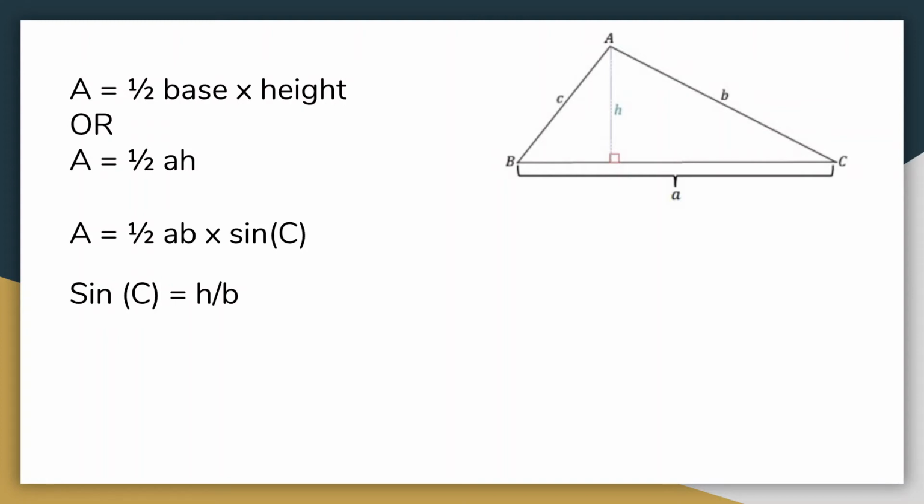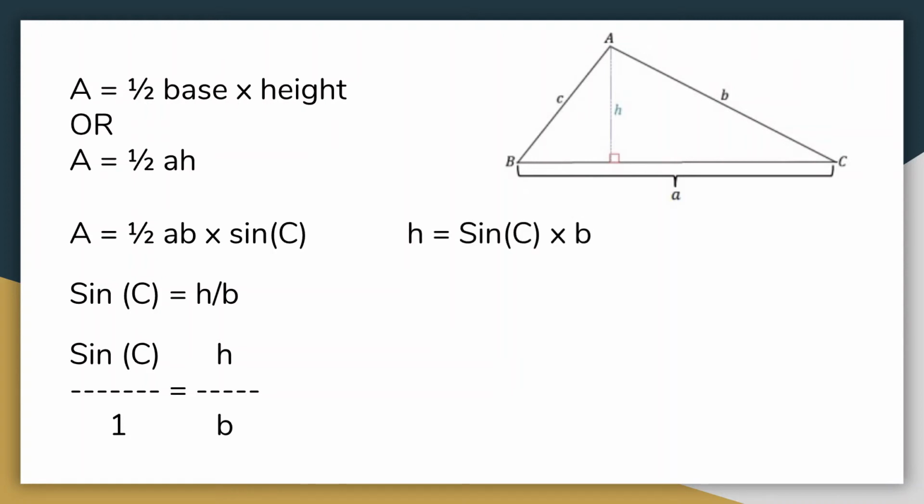If we want to get this in terms of H, we can put sine of C over 1, because sine of C divided by 1 is sine of C. Anything divided by 1 is itself. So sine of C divided by 1 equals H divided by B. What we can do here is cross multiply to get something really cool.